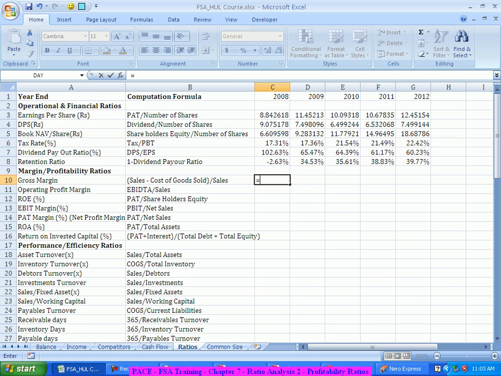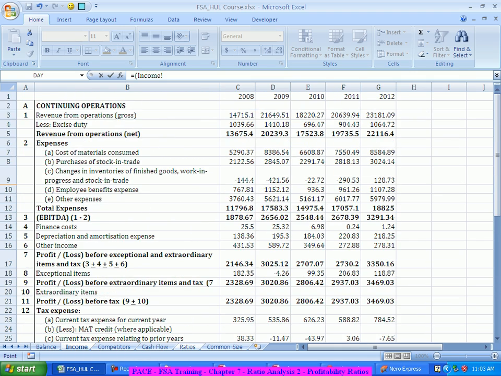Here I will say sales. So the sales is this one, the net revenues, minus the cost of sales, which is the sum of these three items. These three I take as material, right?